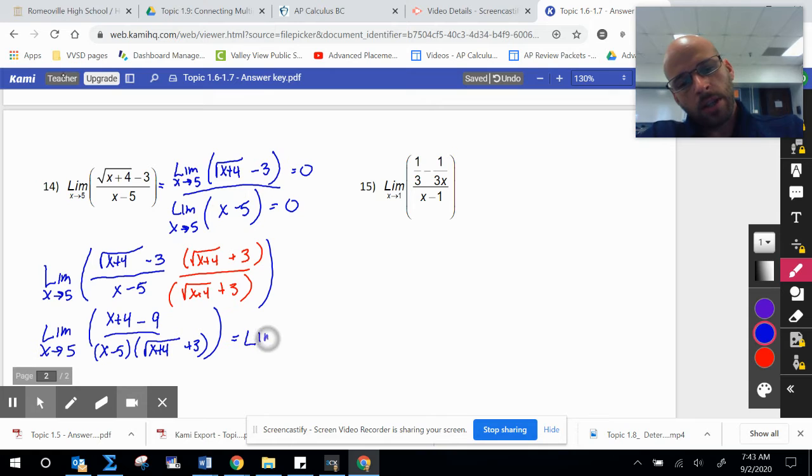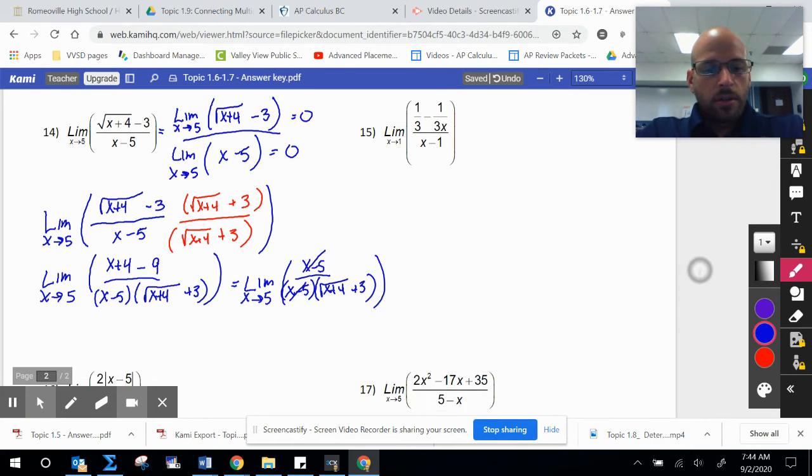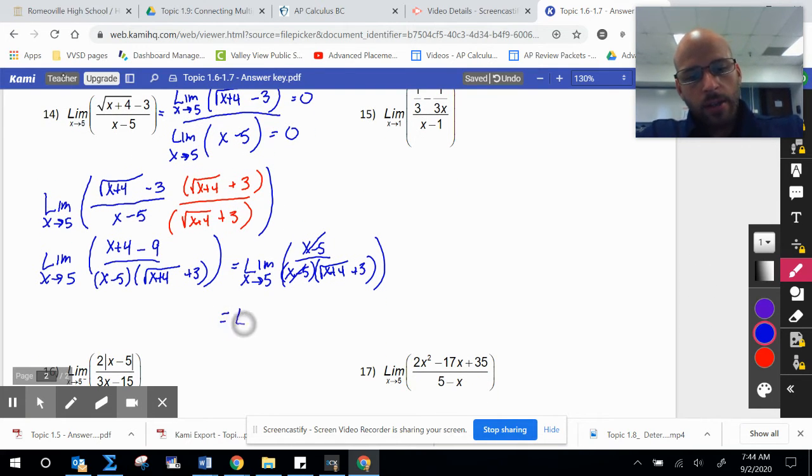So that gives me the limit as x approaches 5 of x minus 5 over x minus 5 times the square root of x plus 4 plus 3. These cancel. So now I have the limit as x approaches 5 of 1 over the square root of x plus 4 plus 3.